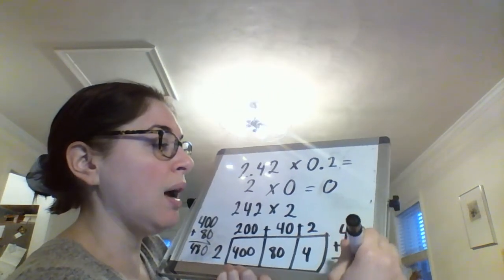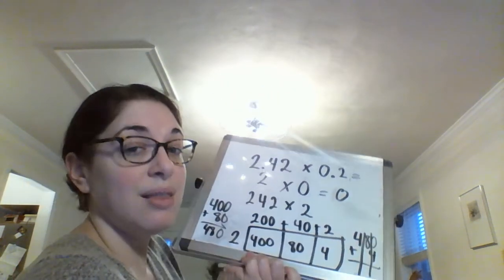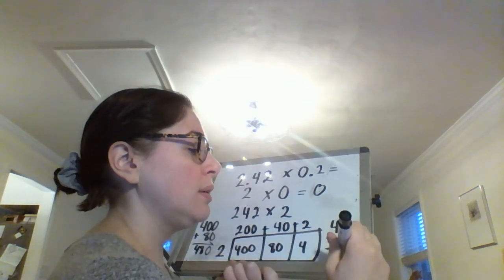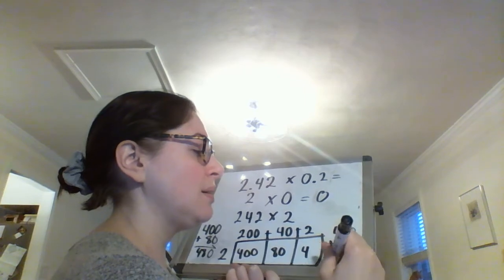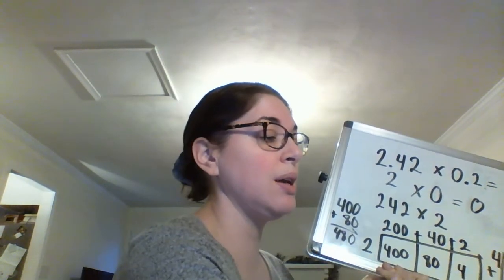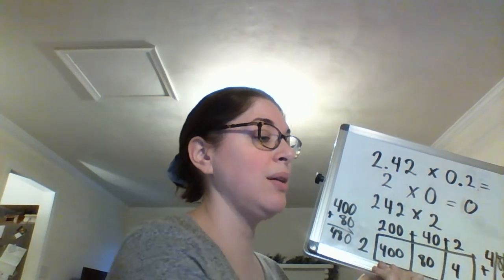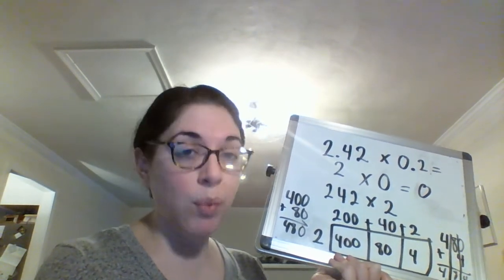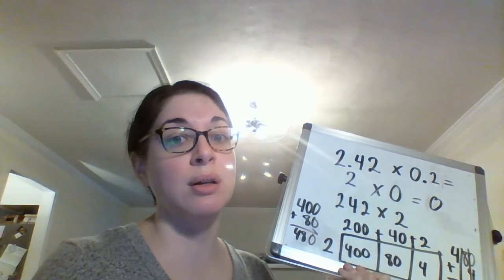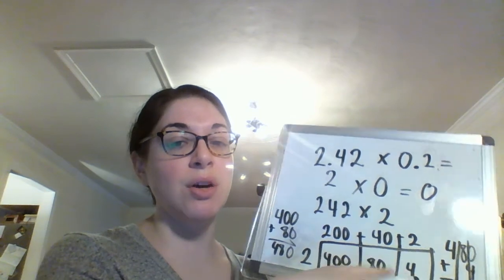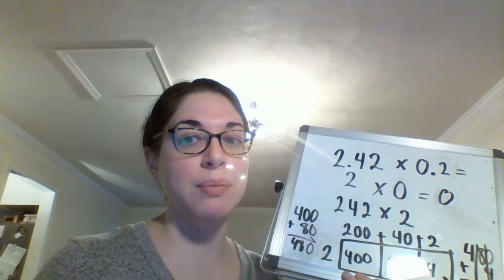If you need to do lines to keep your place value, that's fine. 0 plus 4 is 4. 0 plus 8 is 8. 484. And you might be thinking that you can do that in your head, but I'm telling you that if you are doing 3-digit by 2-digit, you will probably make a mistake. So please chunk and add 2 numbers at a time. Okay? All right, so that's our example for our multiplication problem. Here we go.